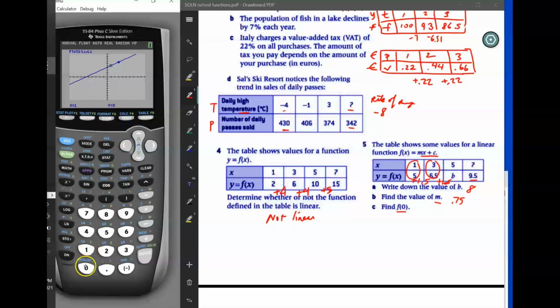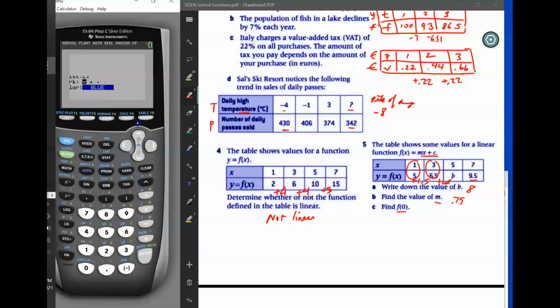Trace 0. Oops. That didn't work. Try again. Trace 0. Okay, it's freaking out. I think it's because of the plot stuff. So let's turn off the stat plot. Second stat plot. I'm going to turn this off.